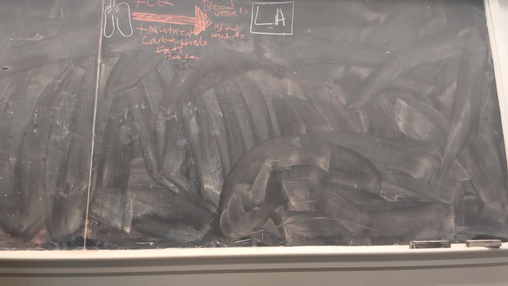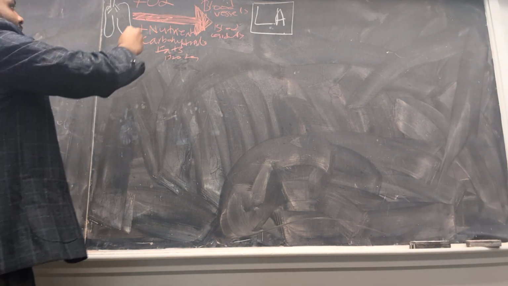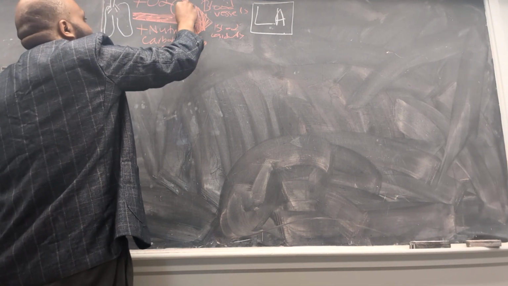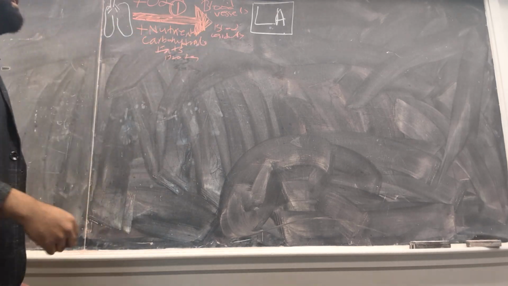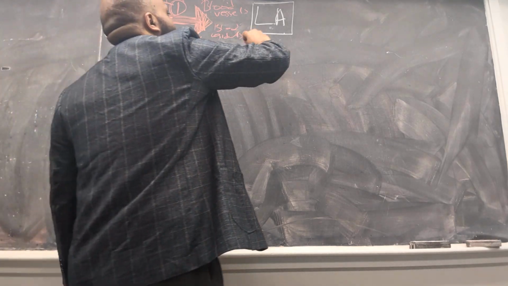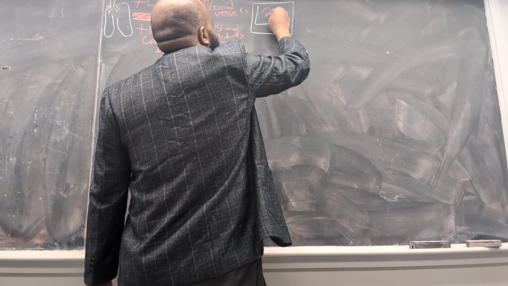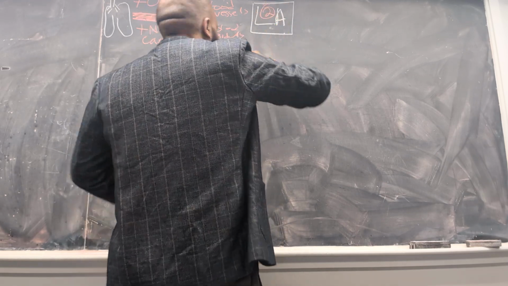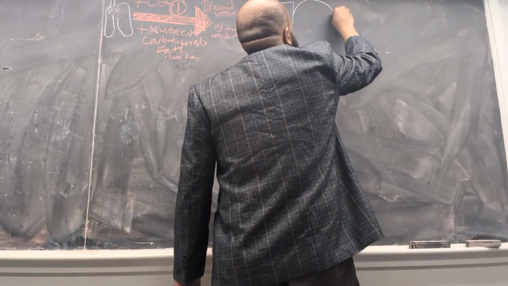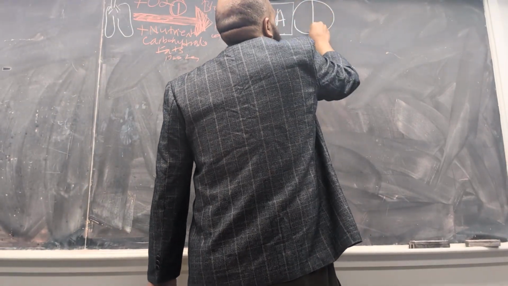So the left atria, that's step number one. Good blood leaves the lung heading to the left atria. Then the left atria will receive good blood, that's step number two, and between the left atria and the left ventricle is a bicuspid valve.